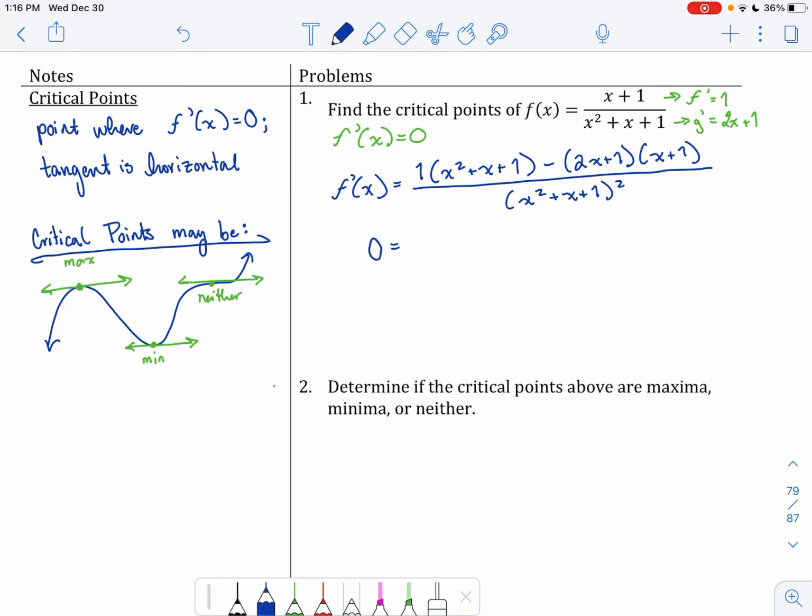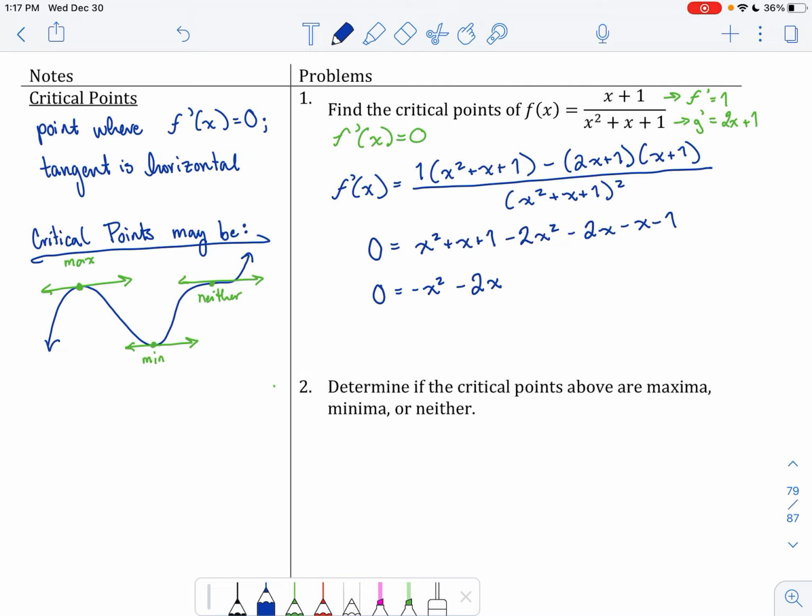And then I will simplify the multiplication in the numerator and end up with x squared plus x plus 1 minus 2x squared, and the subtraction will carry all the way through, minus 2x minus x minus 1 when we FOIL, which leaves us with simplified negative x squared minus 2x.